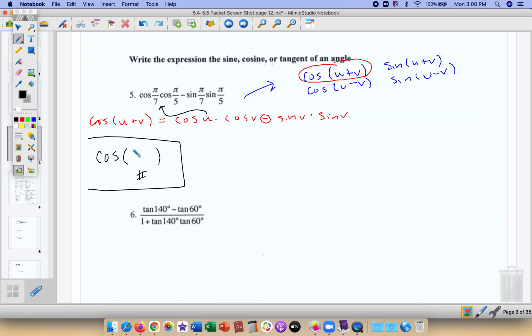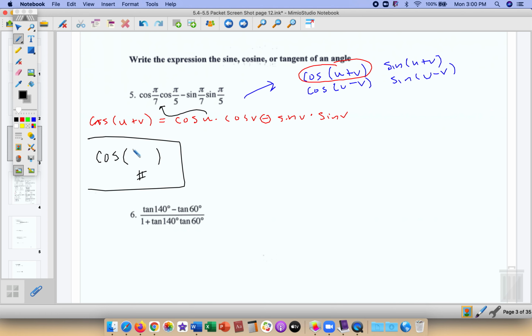We need to create a common denominator. So I'm going to multiply this side by 5 and multiply this side by 7. So we have 7 plus 5 pi is 12 pi over 35. So our final answer will be the cosine of 12 pi over 35. So we're just working backwards.